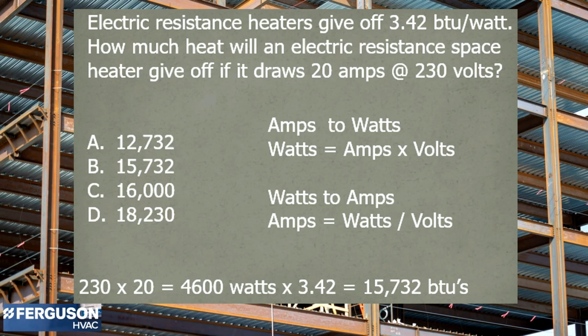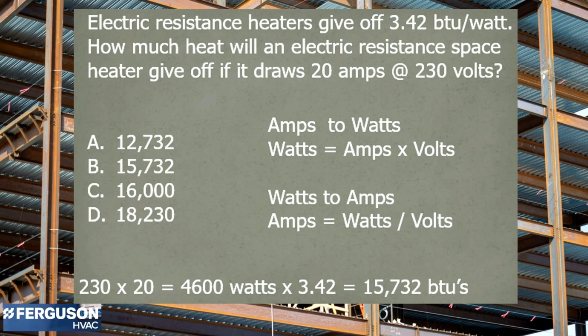So in this example, we have an electric resistance heater that gives us 3.42 BTUs per watt. We want to find how much heat will an electric resistance space heater give off if it draws 20 amps at 230 volts. First, we need to change the amps to watts.